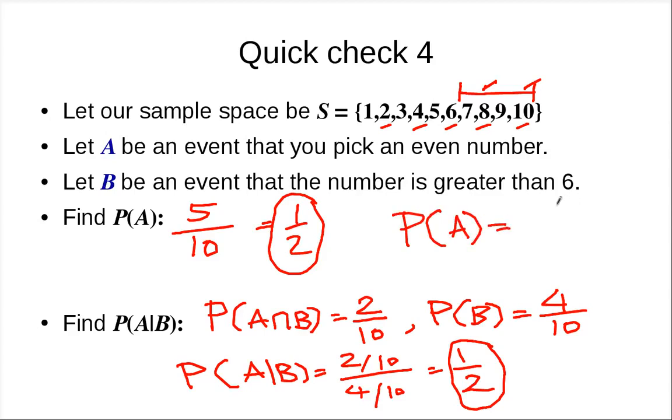You have the probability of A, and you have the probability of A given B, and they are equal. What does it mean? Have you made a guess? If you need more time, you can just stop the video. Okay, all right.